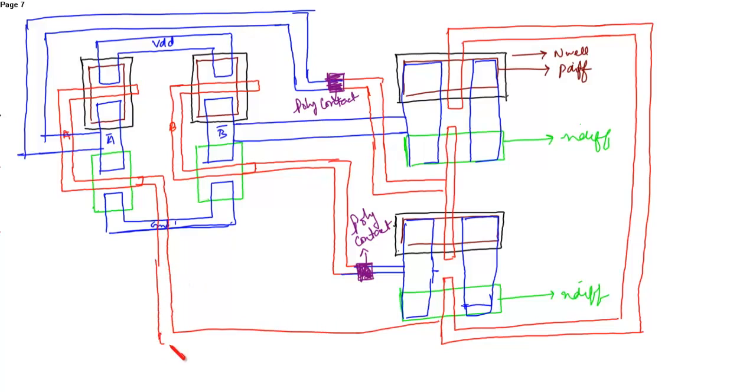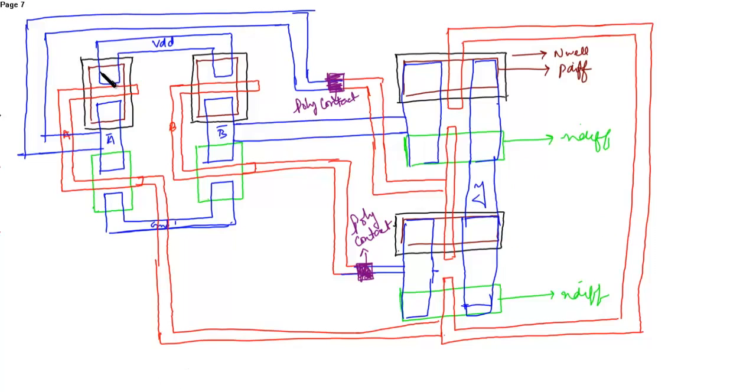Then this will be to this. Now the only thing left will be the connection between these two outputs of the transmission gate. So you can make it connected directly from here. This and this is output Y.